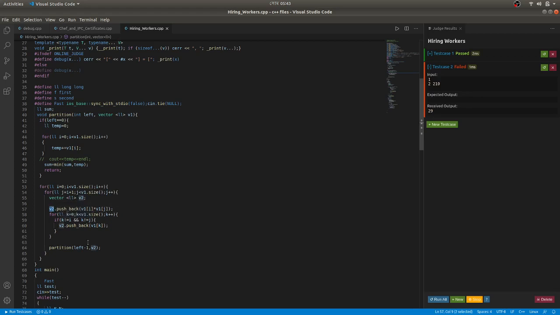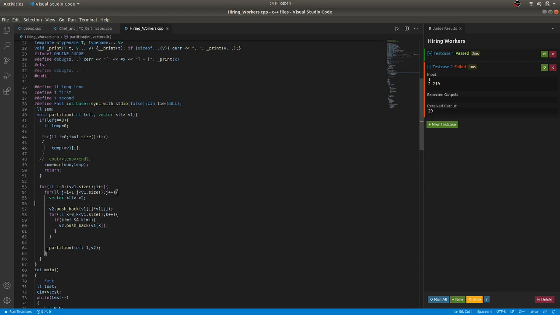Now do another loop over the previous vector and chuck them into the new vector. So in a way we are erasing v[i] and v[j], replacing them with their multiplication.